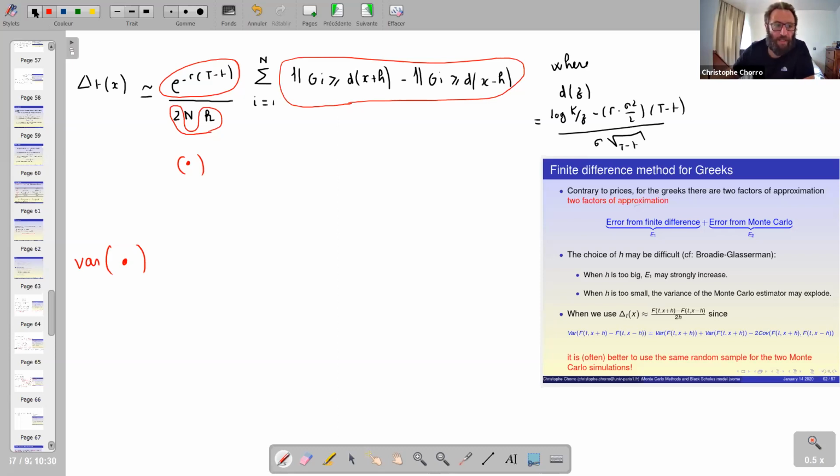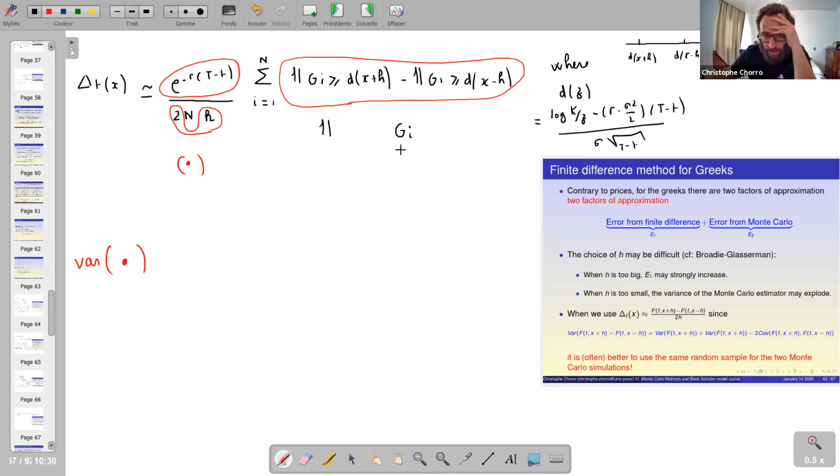Just keep in mind that here my d of z is a decreasing mapping, because you have the logarithm of k over z. So this one here is just the indicator function that g_i is in this situation: I have d of x plus h, and here d of x minus h, because d is a decreasing mapping, and I consider my h to be positive.